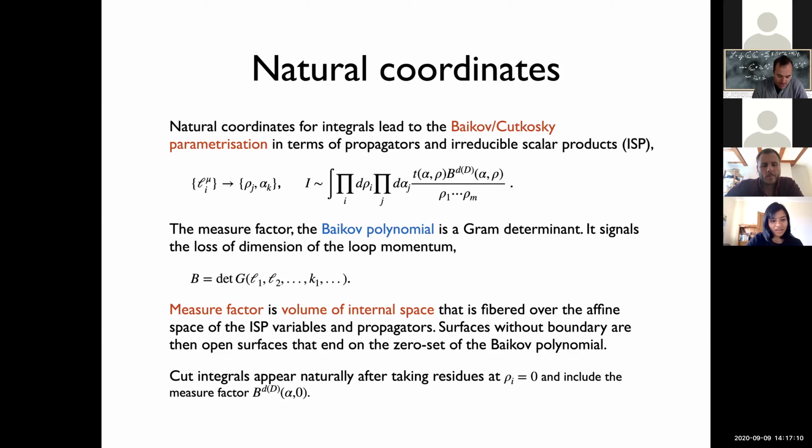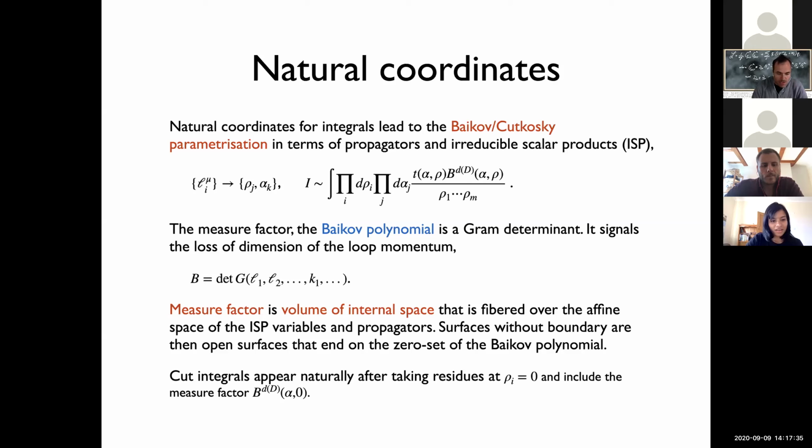So in particular, if you're in dim reg and you think of a one loop diagram and one loop integral, then typically the loop momentum takes values in d dimensions, but by Lorentz symmetry, you can rotate it down to 5 dimensions. And this Gram determinant then vanishes on the location where the loop momentum further degenerates to lie in a 4-dimensional plane.